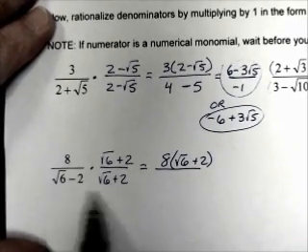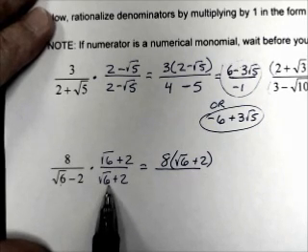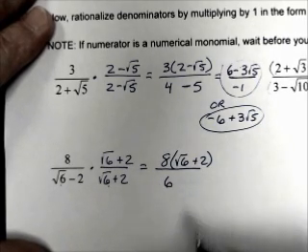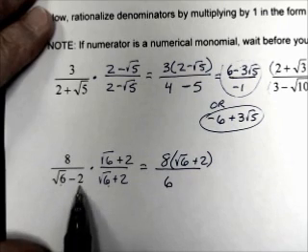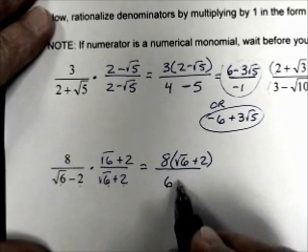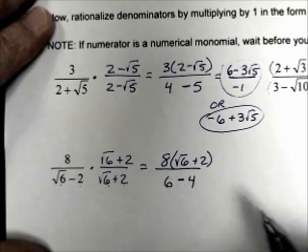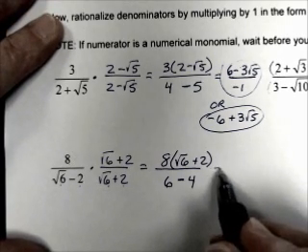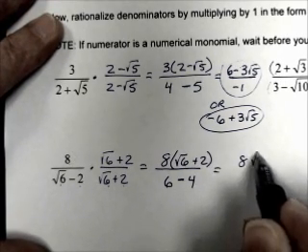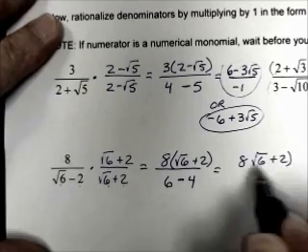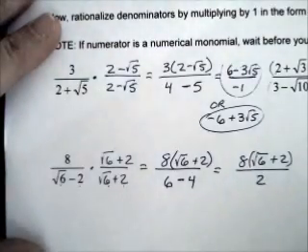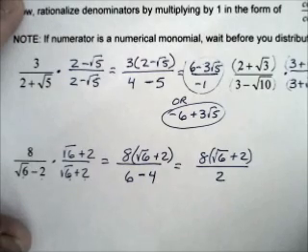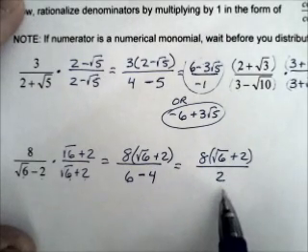Foiling, our end result is going to be the square root of 6 times square root of 6, which is 6. And then the last term is negative 2 times positive 2 is negative 4. 6 minus 4 is 2. And now, can we simplify this fraction?